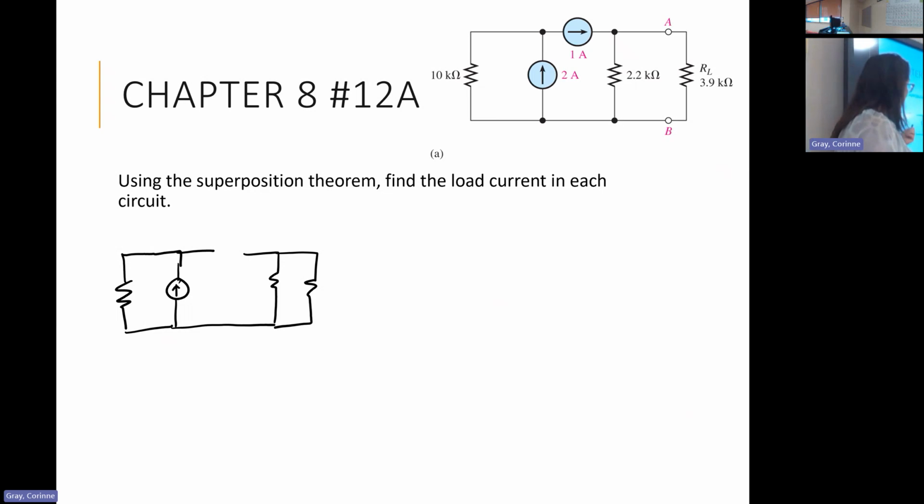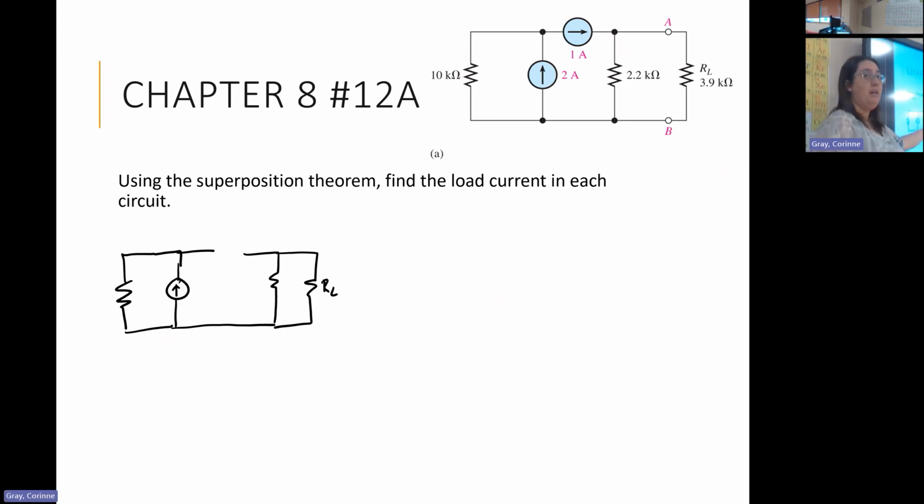So if we go through here, we want to find the load current in each circuit. In this case, our load circuit is the one with RL here. So for the current, let's explore what happens. If I'm starting here, I come up, I come to this junction, I can go left down to this resistor, back to this junction and through. My other option would be coming up and going to the right, but there's nowhere for the current to flow.